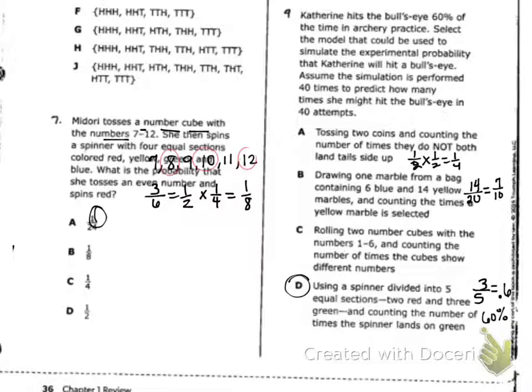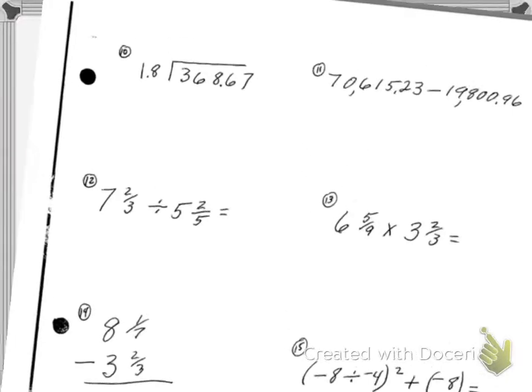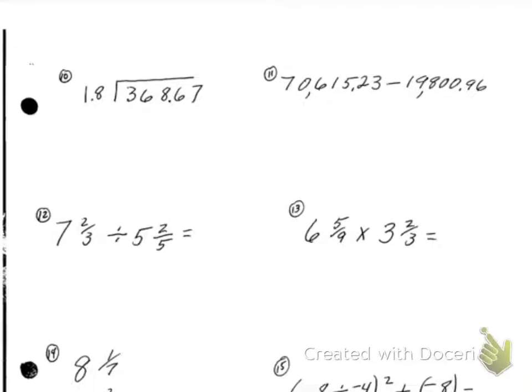Alright, now let's move on over to the arithmetic. Alright, number 10. So we have a decimal in the divisor. Move it once on the inside, decimal straight up. Go and add my 0 here. 18 into 36 goes in 2 times. 2 times 18, 36.